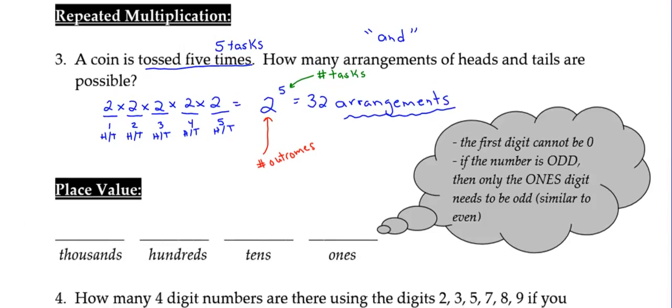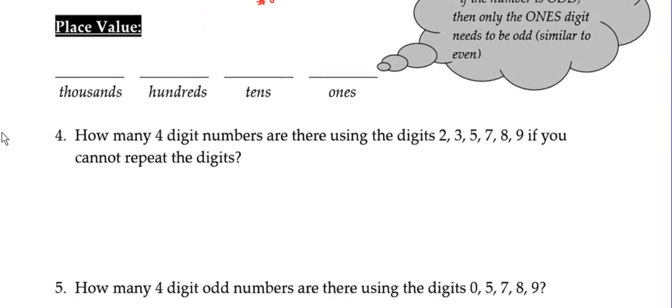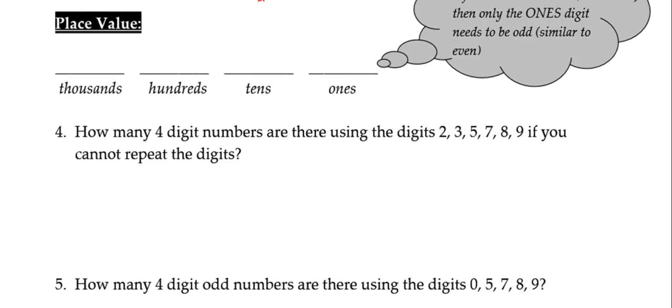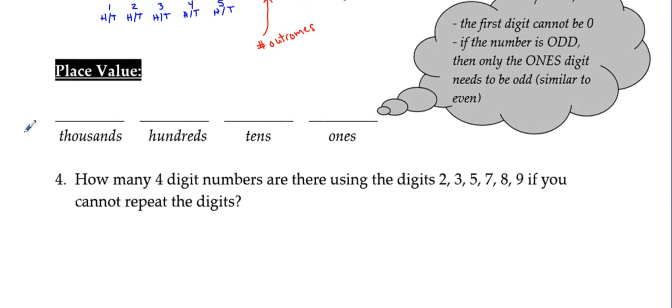We're now going to look at an interesting example of the multiplicative principle, and that is one of forming digits. Before we start the example, I just want to review that a 4-digit number ends in a ones digit, the second last digit is the tens digit, the third last digit is the hundreds, and the first digit is the thousands.